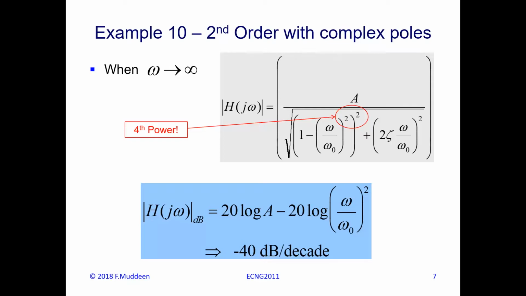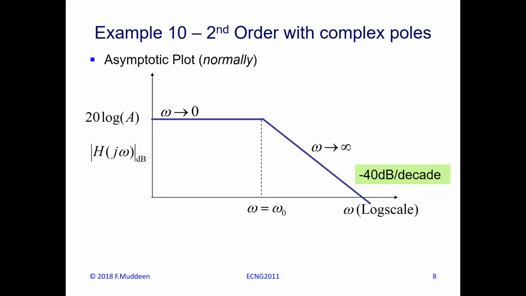What the resultant magnitude plot equation gives graphically is what we see here in this slide. For everything before omega equals omega naught, which is going to be our pole in this case, we're going to have a decibel value here of 20 log of a, which is constant, and everything after it is going to have a minus 40 decibel per decade slope as omega tends towards infinity.